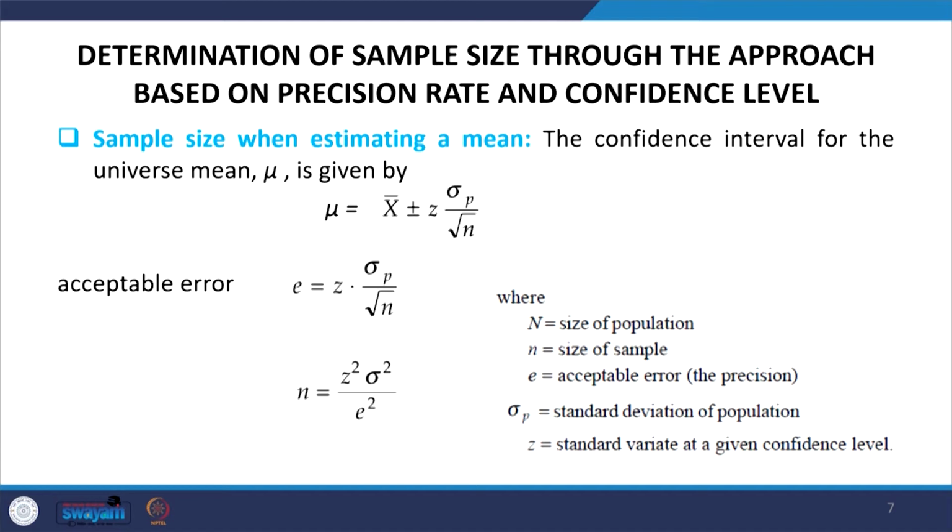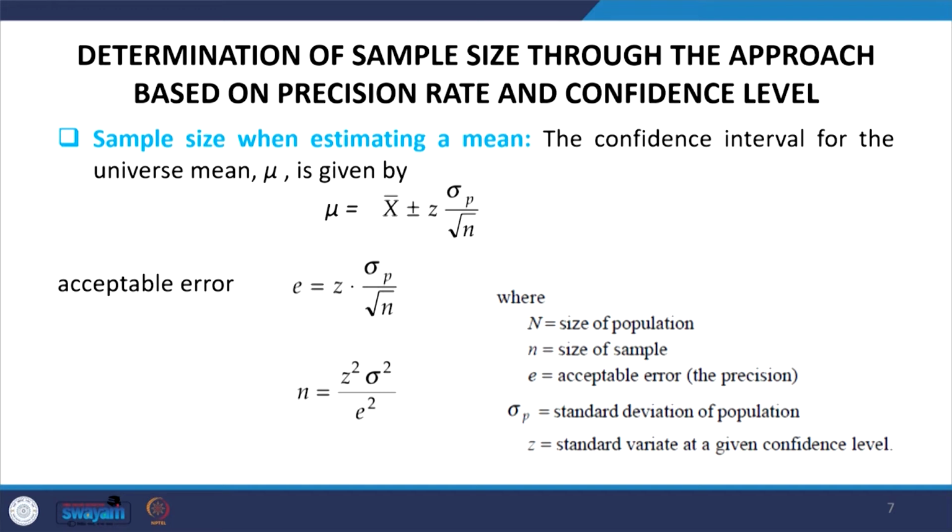So, capital N is the size of the entire population, small n is the sample size, and E is the acceptable error, which is also called the precision. Sigma is the standard deviation of the population, and Z is the tabulated value, the standard variate at a given confidence level. Okay, that is the standard tabulated value at a confidence level. So, Z is determined accordingly.